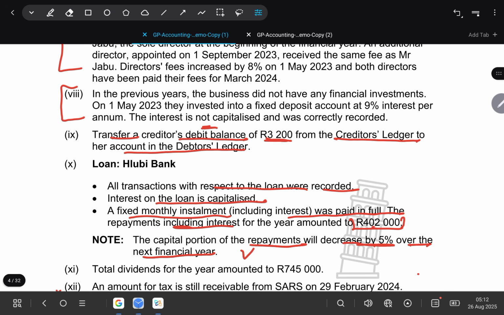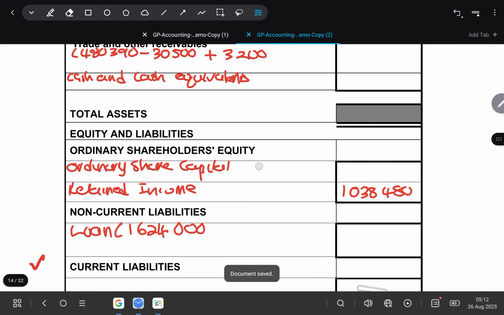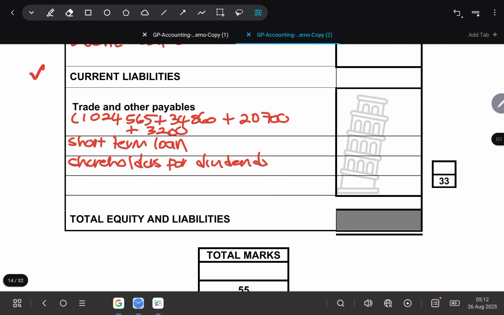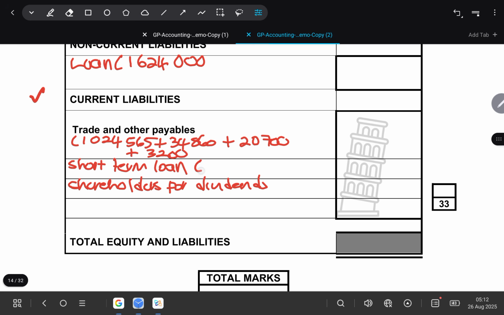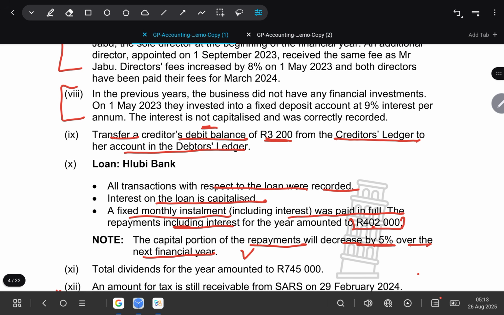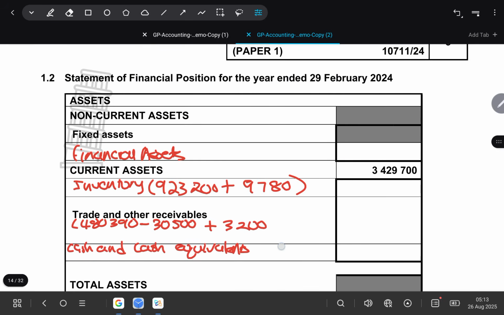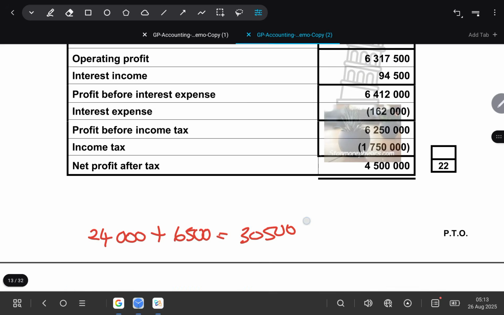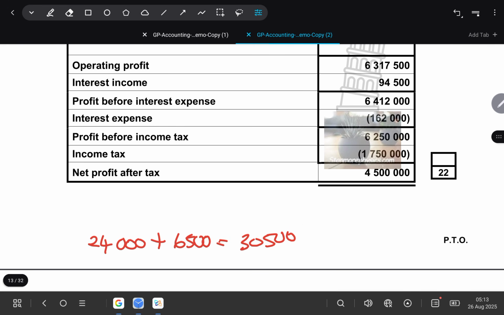So let's check if that information is given here. So now in our balance sheet, for us to get our short-term loan, remember, we are going to take that 402,000, we subtract our interest. You'll get it in the income statement. It has already been recorded, which is 162,000.